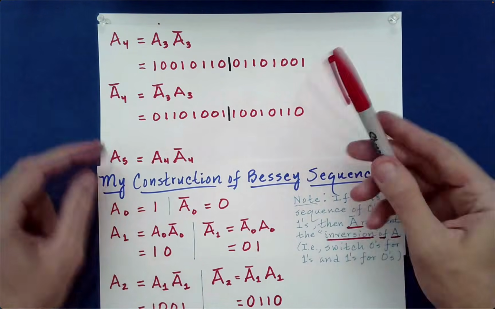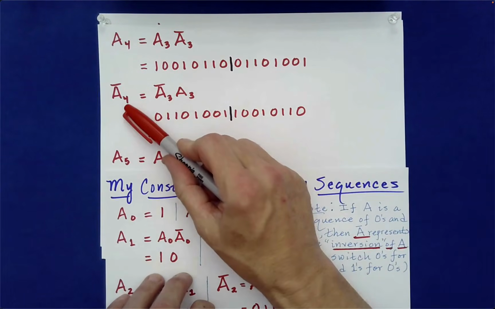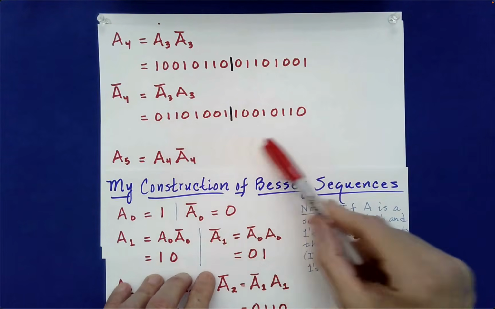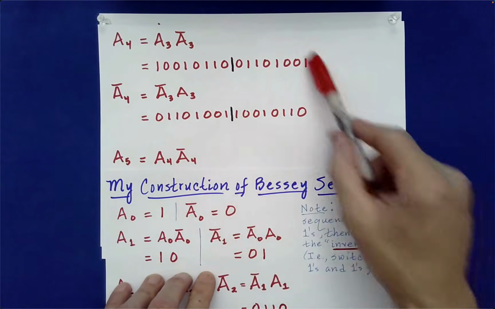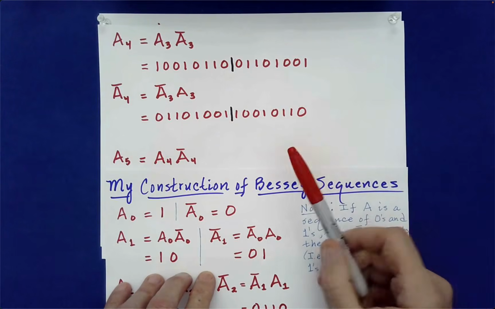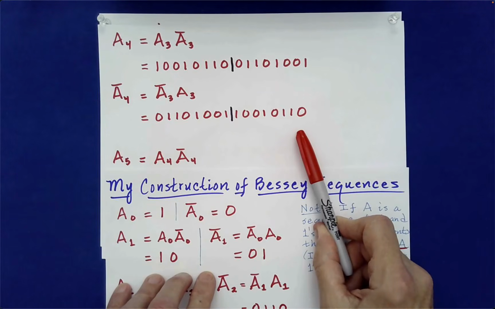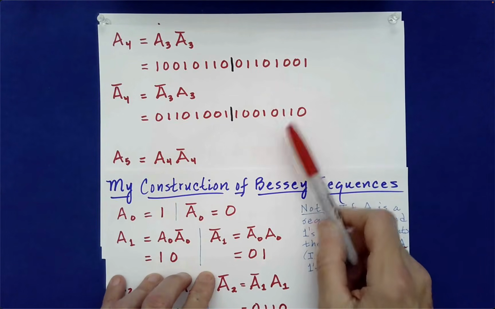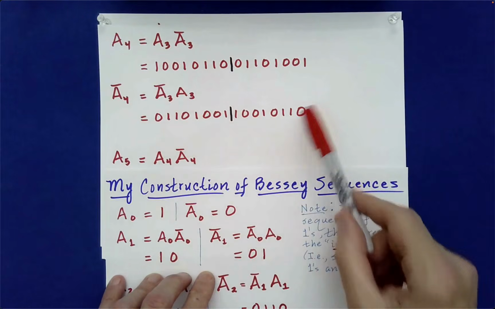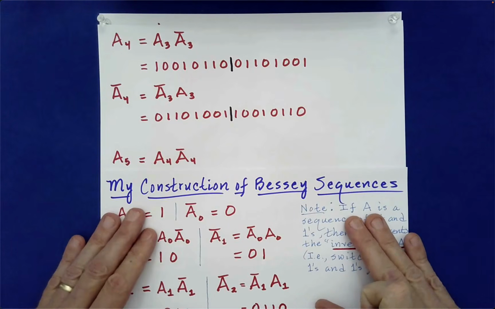And then here is the inversion of that one. But notice that the subscript is 4, and I'm going to make mention about what kind of structure this has, and is it preserved by all of these different shuffles? And the answer is no, it's not preserved by all of them, by any means. And that's why this is not called a Bessey sequence. It doesn't have the invariance that a true Bessey sequence does.